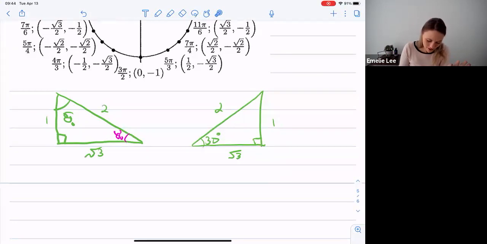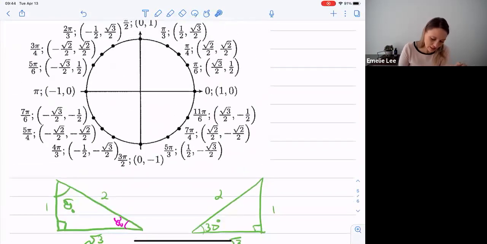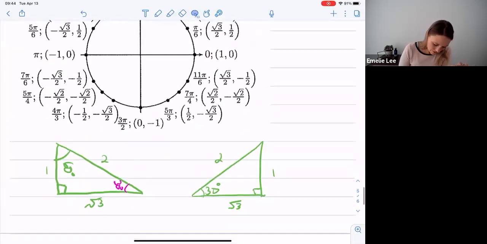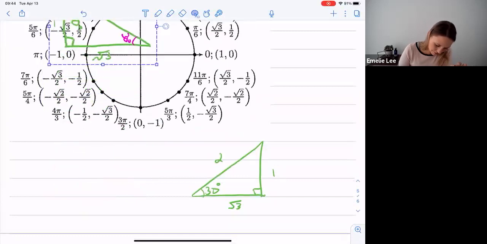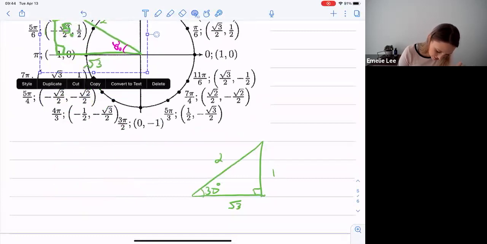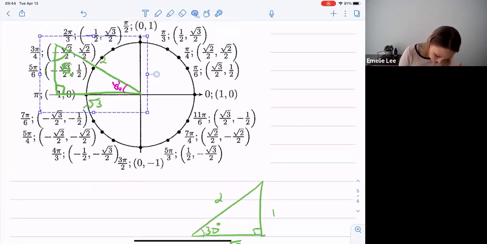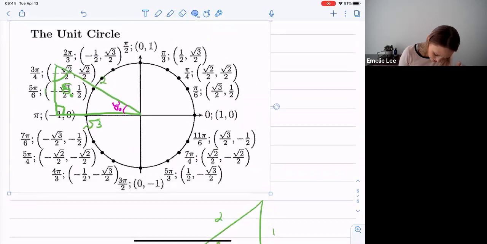Because I don't want to be talking about, you can talk about this guy in terms of the reference angle here, like that, maybe down a little bit, oops.